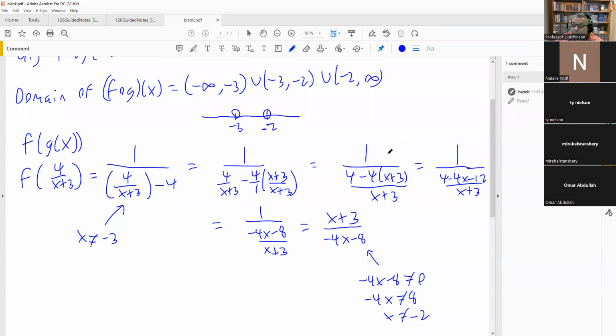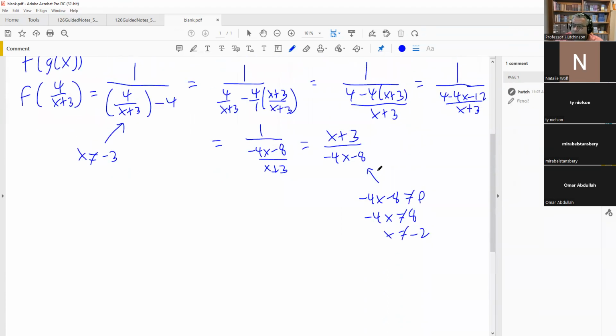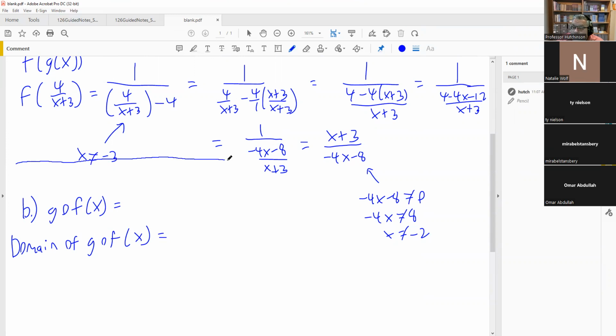So part B asks you to find g of f of x and the domain of g of f of x. That's the other thing this question is going to ask you to do. So now we're going to do part B.